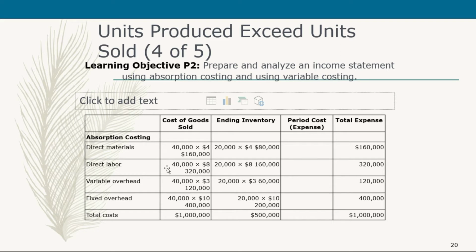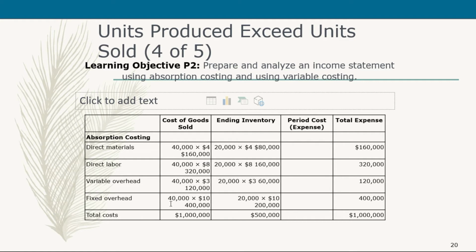sold and your ending inventory under absorption costing. Please do remember that we have a total units produced of 60,000 units, right? And we only sold a portion of that, that is 40,000. That's why your computation here is the 40,000 units sold for each element of the product cost: direct material, your direct labor, your variable overhead, and fixed overhead.